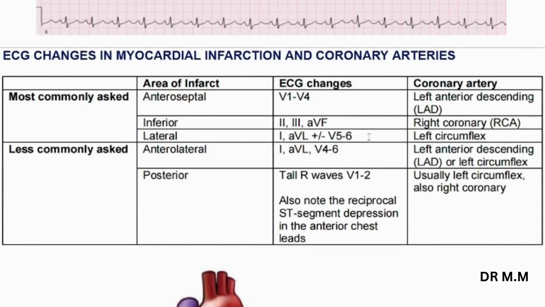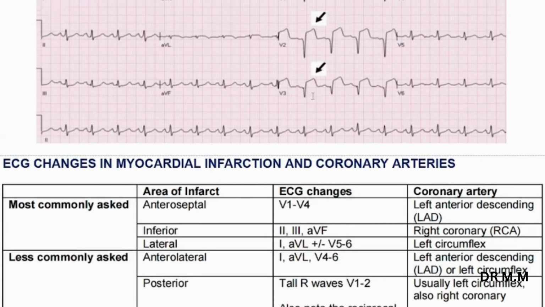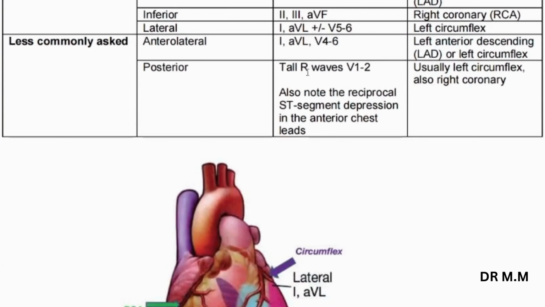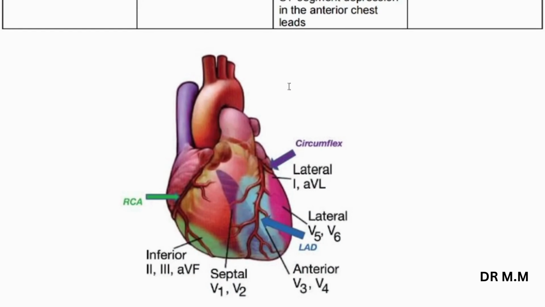is involved. Okay, if the MI is anteroseptal, we will see change in leads V1 to V4 as we said here. And in this picture we can see V1, V2, V3, V4, which are septal and anterior leads.